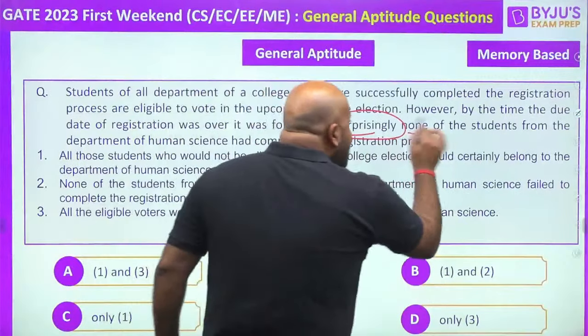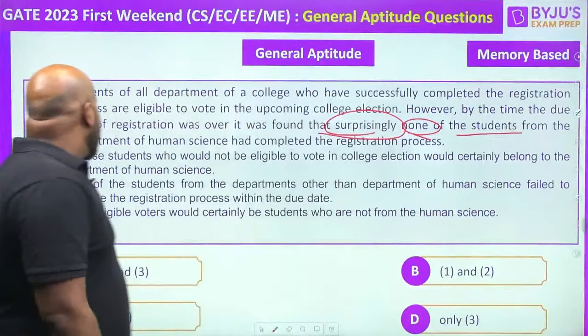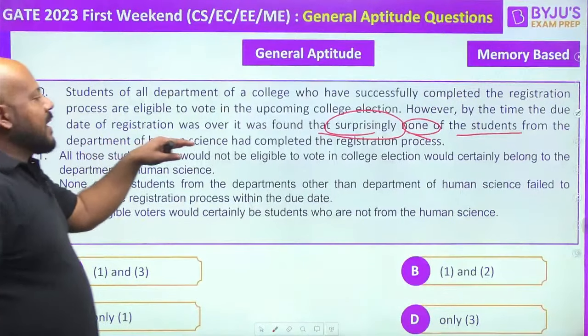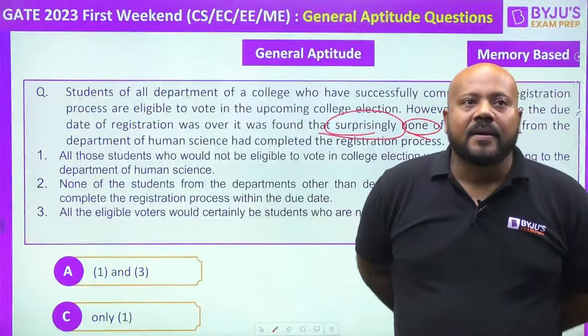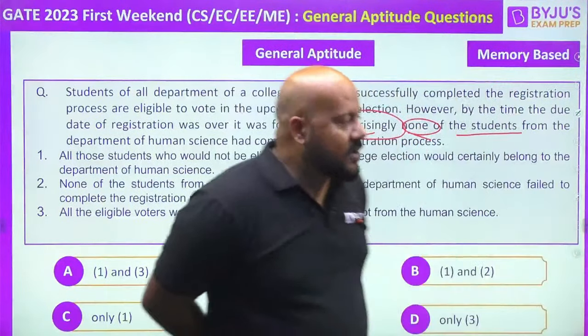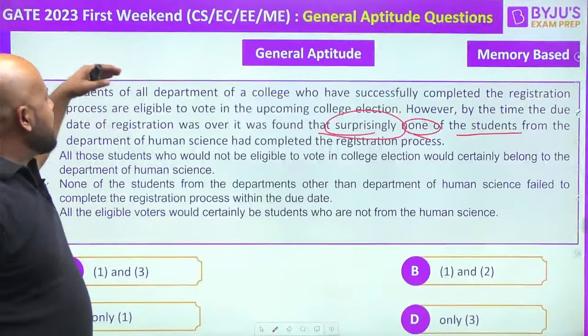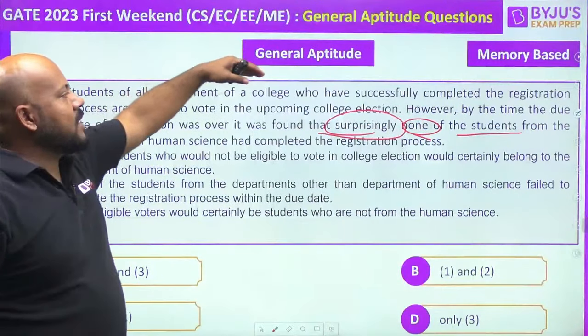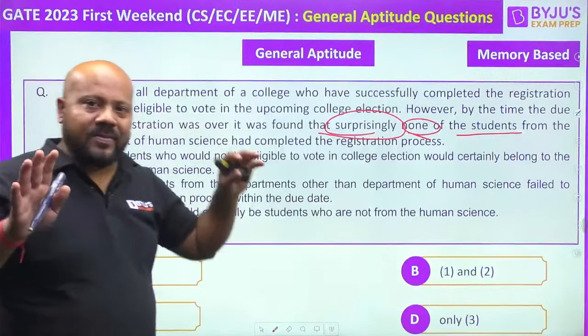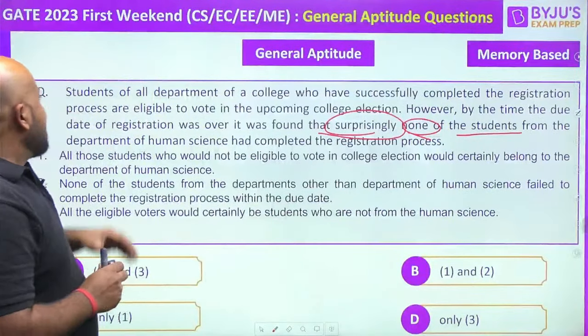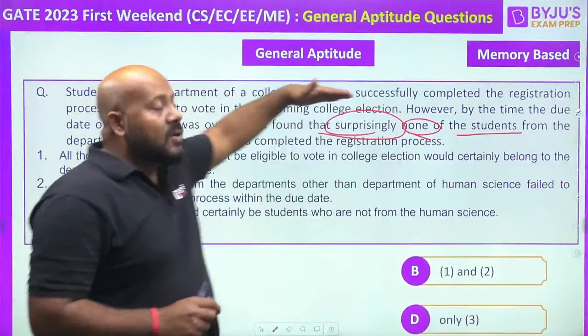Surprisingly, none of the students from the Department of Human Science had completed the registration process. Are you getting this? Students of all departments of a college who have successfully completed the registration process, registration process has been completely done, they are eligible to vote in the upcoming college election.